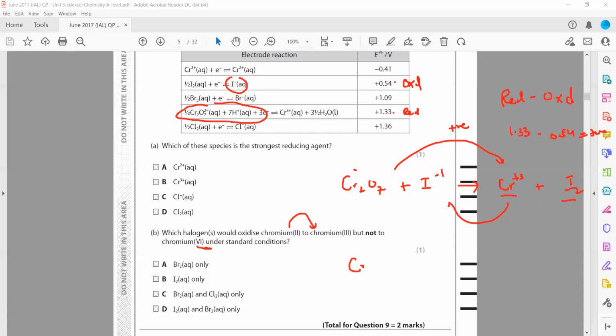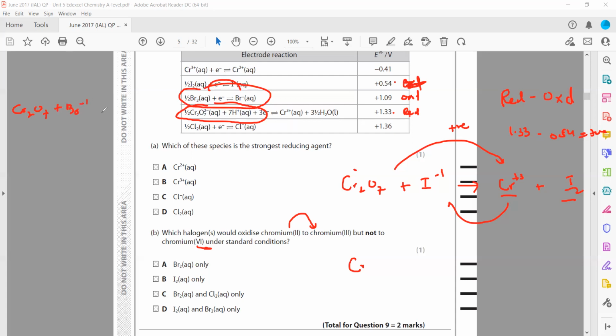as you can see for bromine here, this equation remains the same. This is for bromine. Now bromine has a lower electrode potential. So reduction happened for this, and oxidation for the other. If reduction happened for this, Cr2O7 will be the reactant, and for oxidation the product of the oxidation is always a reactant.